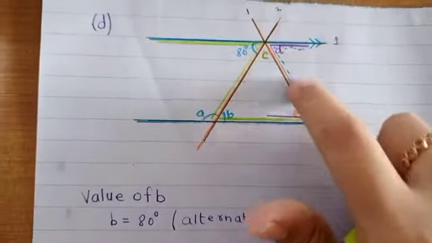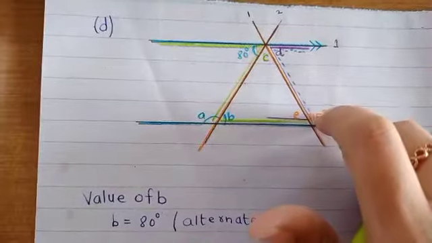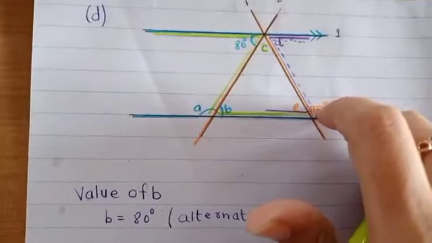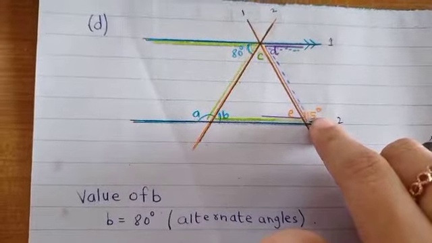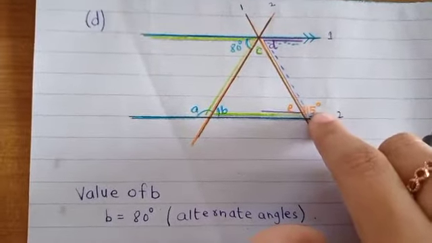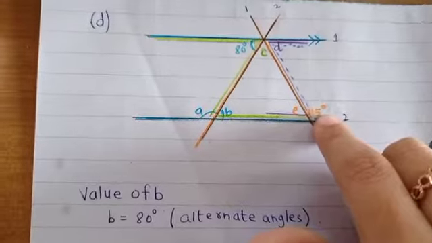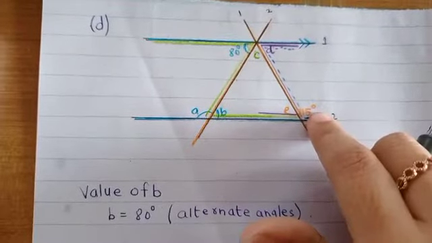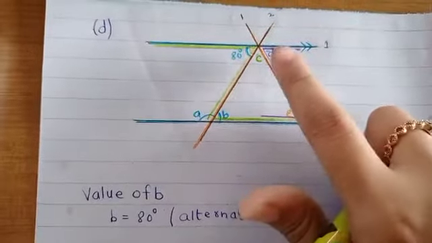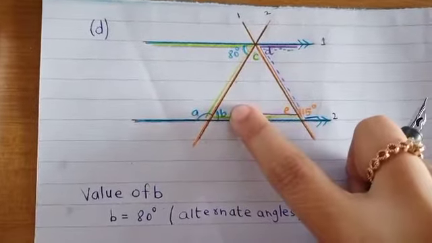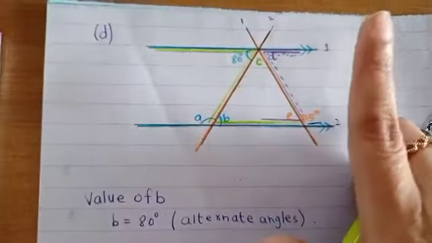And they are forming the shape of C. Both are interior angles on the same side of the transversal. D and 115 is equal to 180 degrees because interior angles add up to 180 degrees, and that's how you can find out the value of D. But I choose B to find out first and I will do D later on.